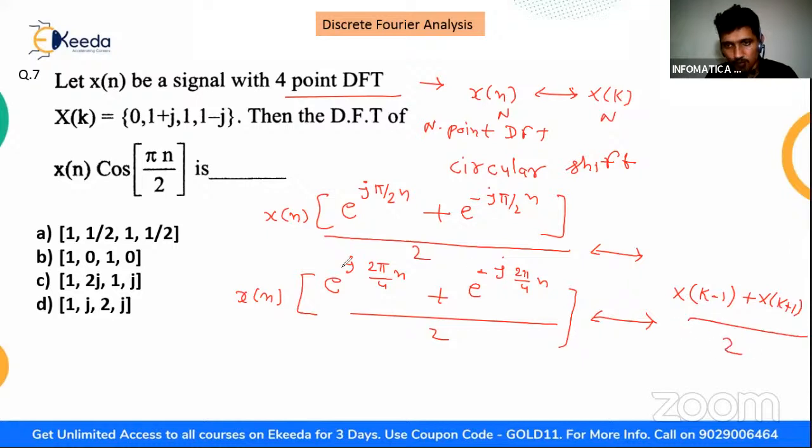divided by 2. Using the shifting property of the DFT, you can simply say it. So what will be our answer? Thus we will shift. This is our signal now, so I will just right shift it.